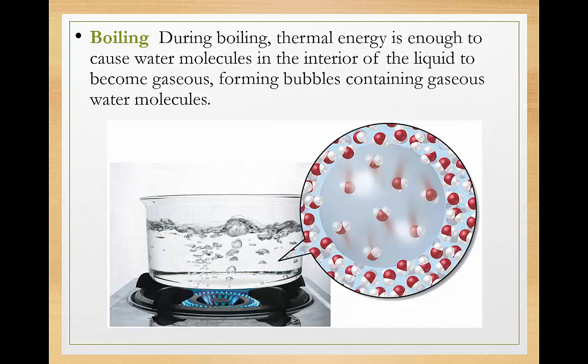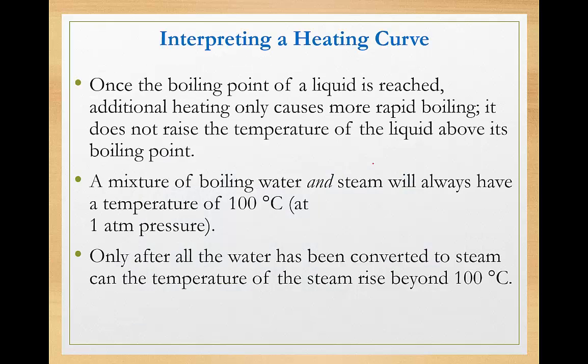But the problem is they're a gas trapped under a layer of liquid, so they form a gas bubble. Now, that gas bubble, we think of it as just being air. It's really not air. It's full of gaseous water molecules. So that's why as those bubbles come up, they are released as steam, and there's a lot of steam over the top of that boiling water.